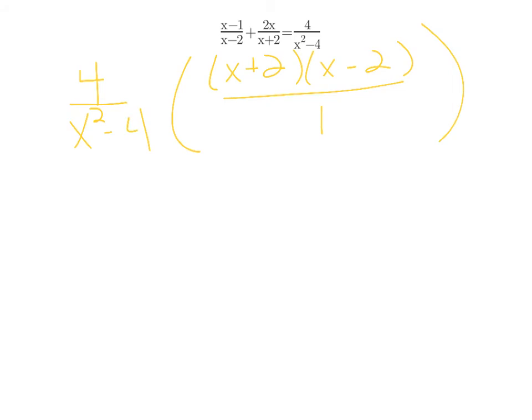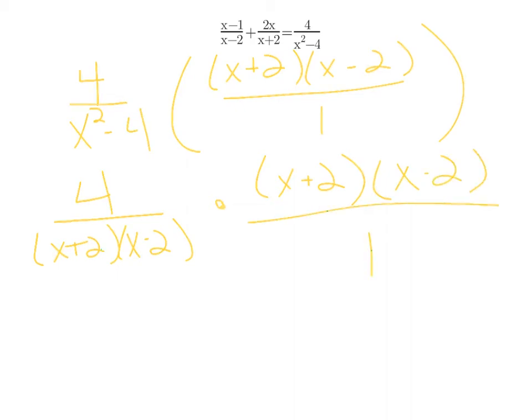Now I'm going to factor my denominator of x squared minus 4. So I have 4 over x plus 2 times x minus 2, times x plus 2 times x minus 2 over 1. If I look, my denominator here is exactly the same as the numerator here, which means they completely cancel each other out.